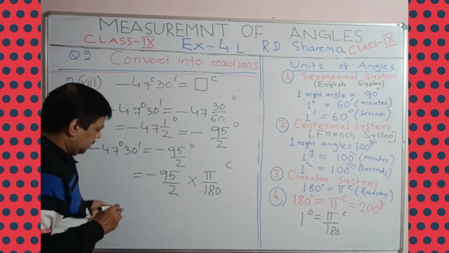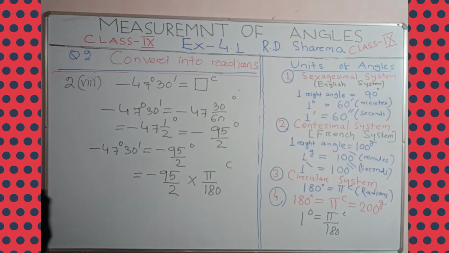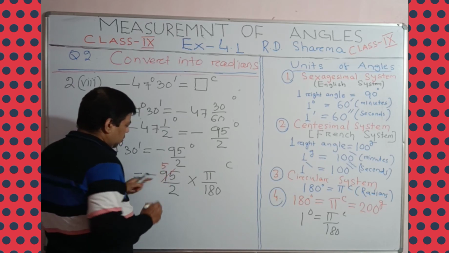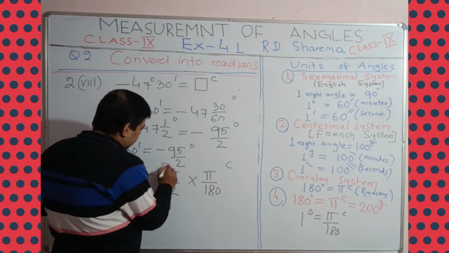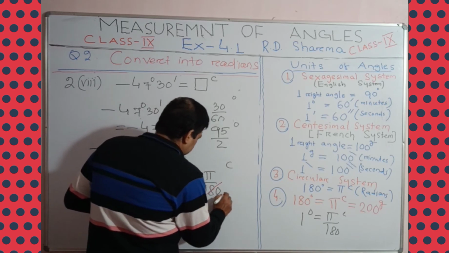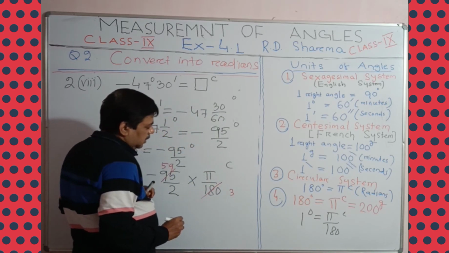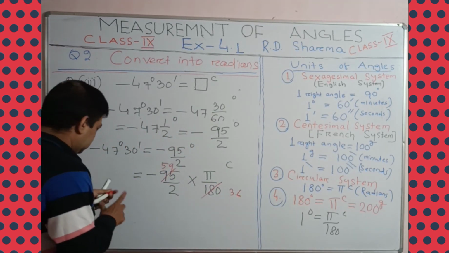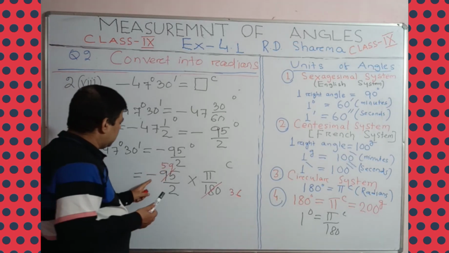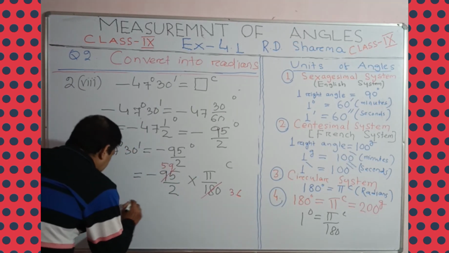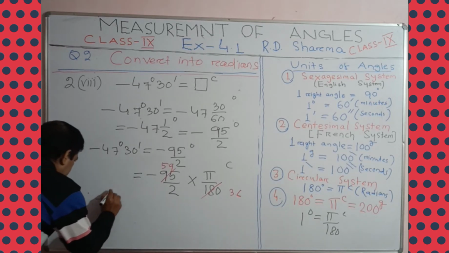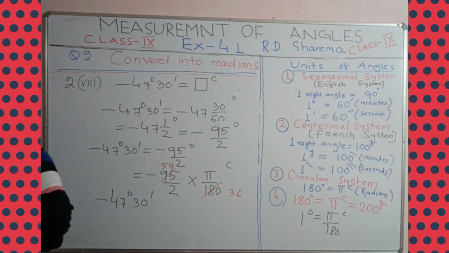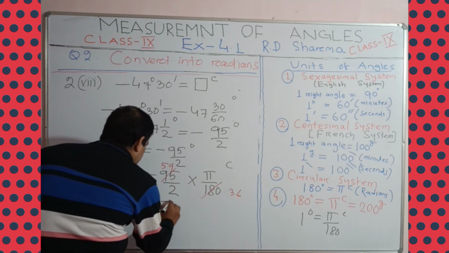Okay, and here we can cancel 95 and 180 by 5. 5 ones are 5, 5 nines are 45. Hence we shall get minus 47 degree 30 minute, which is equal to how much?